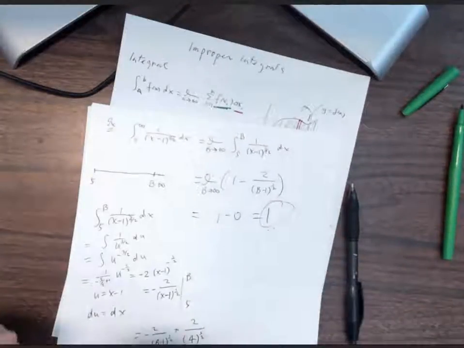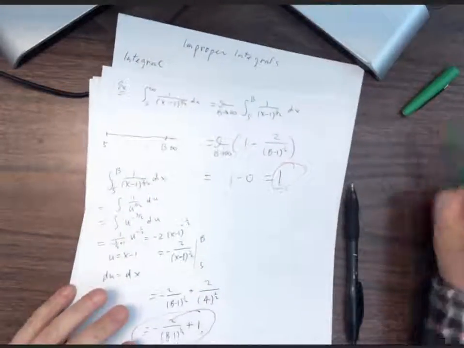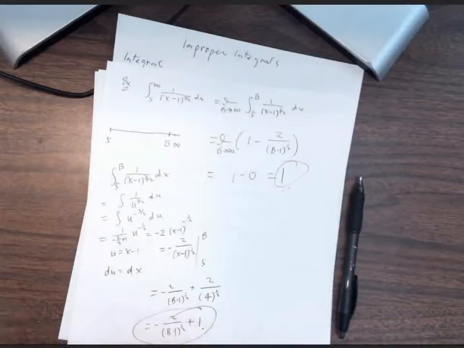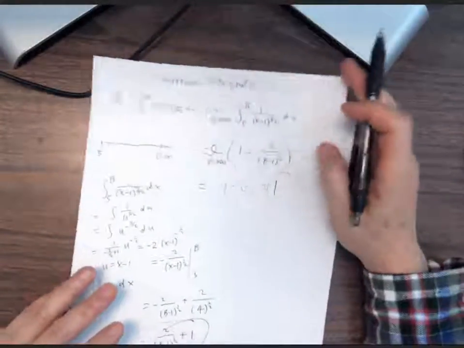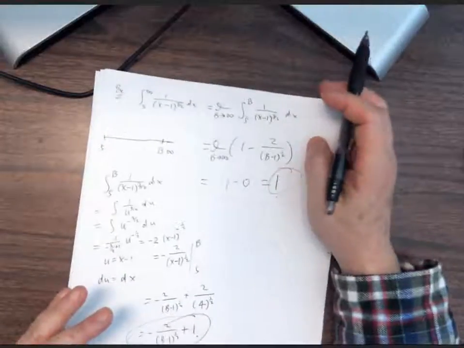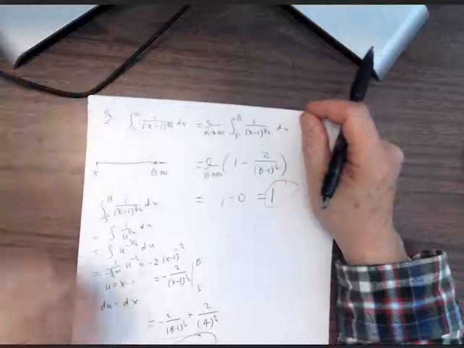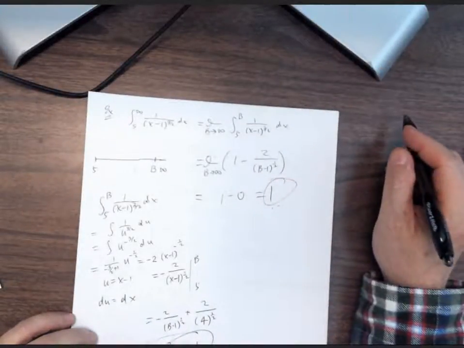Now, for any type of improper integral, we have to do all this work. In the book, for an improper integral, we are supposed to determine whether the improper integral converges or diverges.